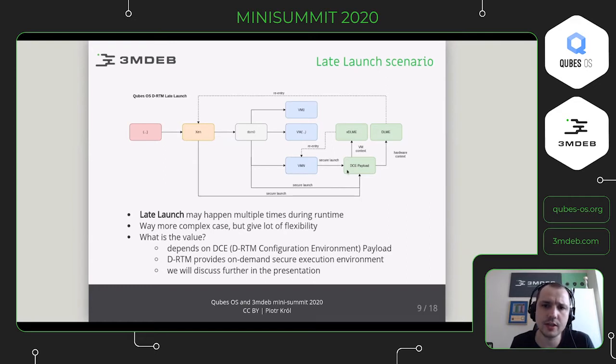So one way is to run a dynamically launched measured environment, and then get back to the VM. What this can cause for us is that we simply pause the VM and make some secure analysis, inspection of the system, and we get back to it, unpause it.